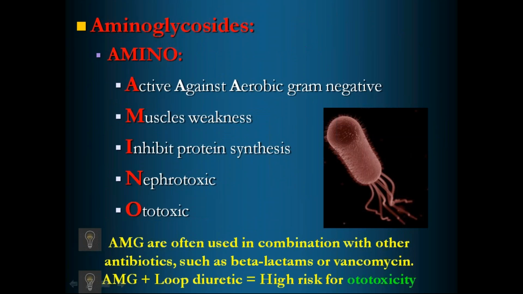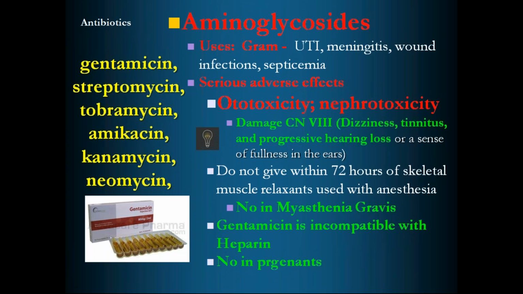All right, so aminoglycosides are for gram negative, incompatible with heparin, okay? Mostly they are going to be given together with penicillins, and please, open eyes, open ears. Penicillins and aminoglycosides are going to produce a synergy.